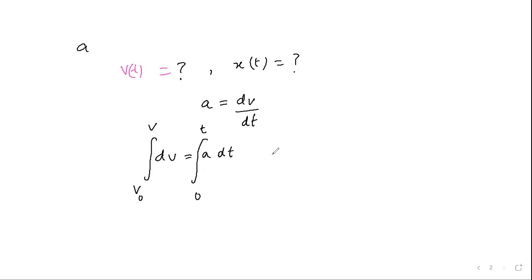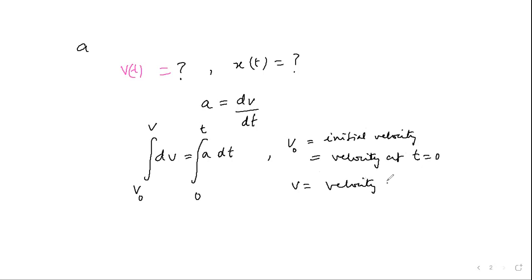That means v0 is initial velocity, that is velocity of the body under consideration at t equal to 0. v is velocity at time t, so future time t, right?